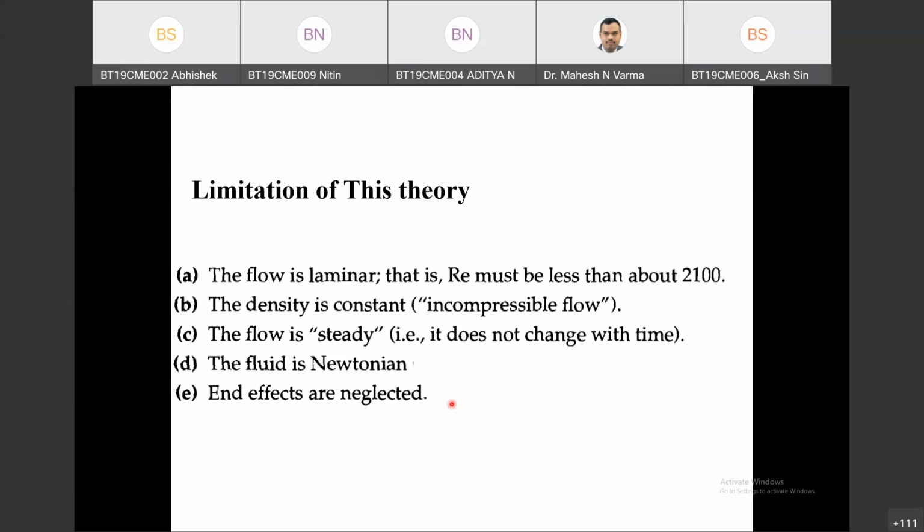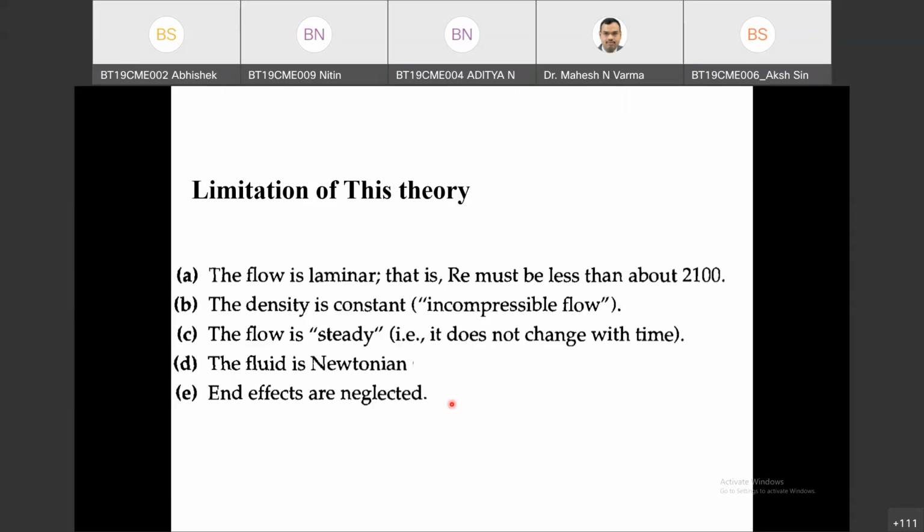So now, looking at the discussion, whatever we have discussed in this transport phenomena subject, you should be very sure that whenever you are using a model equation, you should know the limitation of that model also. The limitation of the theory is as important as the model equation. Just remembering the model equation is not enough.